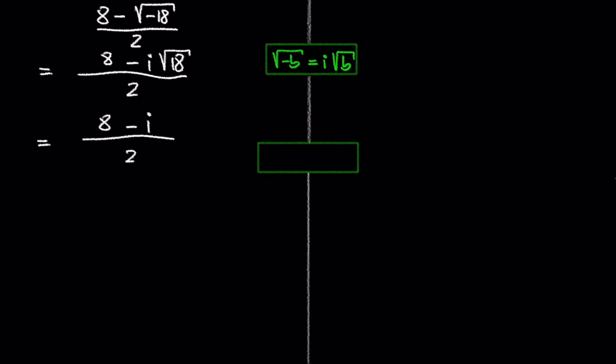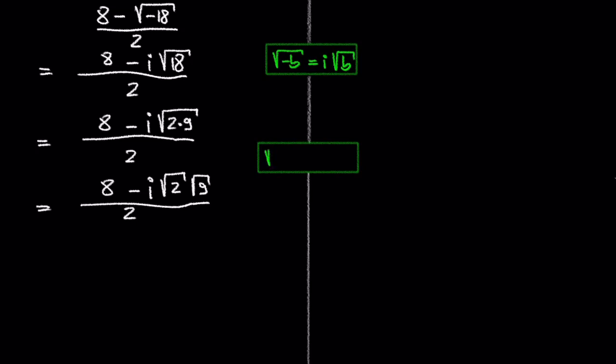And the square root of 18 is the square root of 2 times 9. Splitting the square root gives us the square root of 2 times the square root of 9. And the square root of 9 is 3.